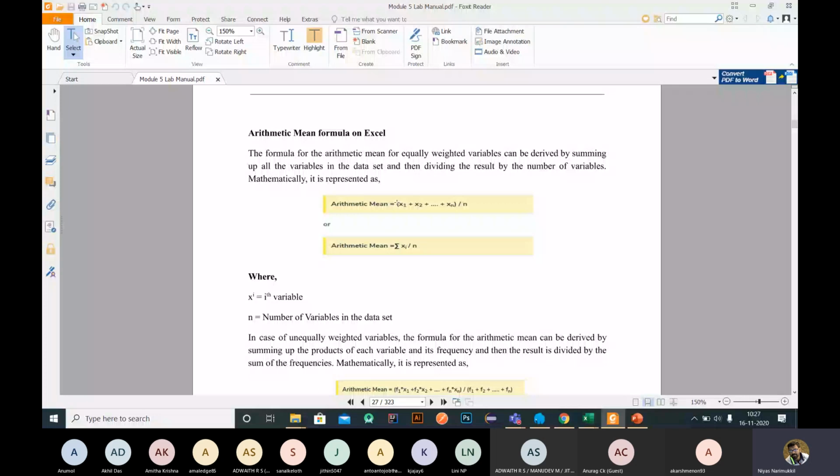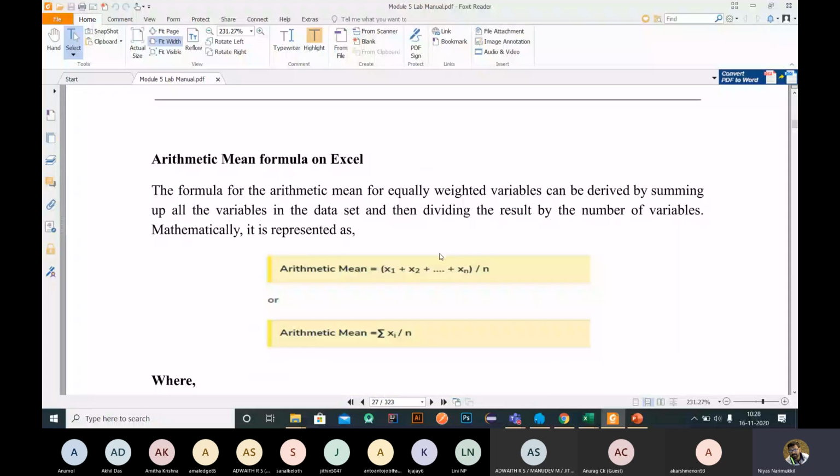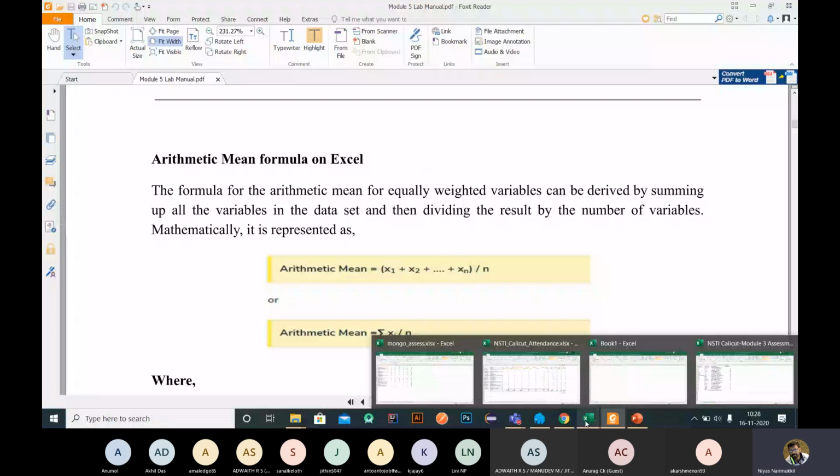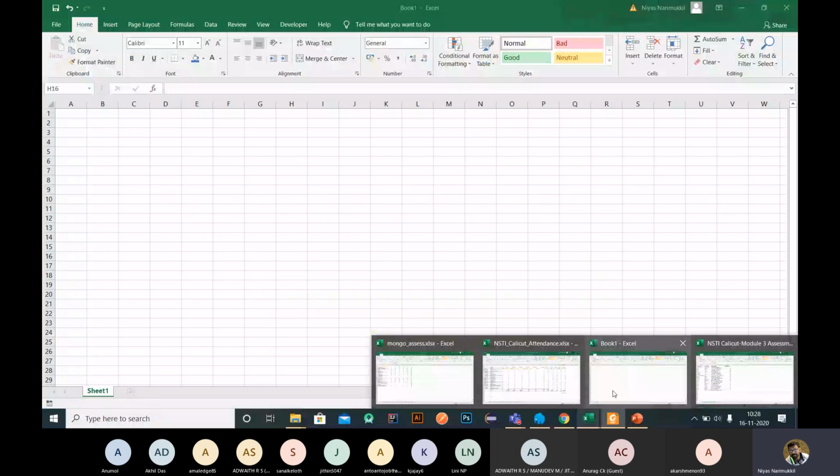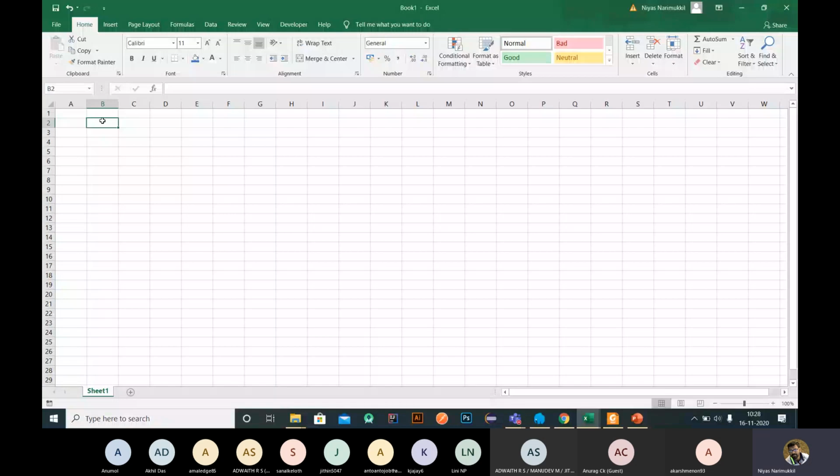In this example we are using Excel for doing the mean and so on. So take an Excel, and I will show you how to perform the operation over Excel. So this is an Excel, right? If there are some values, for example marks, and you want to find the average of marks, first of all you have to add all the marks and divide by the number of items.